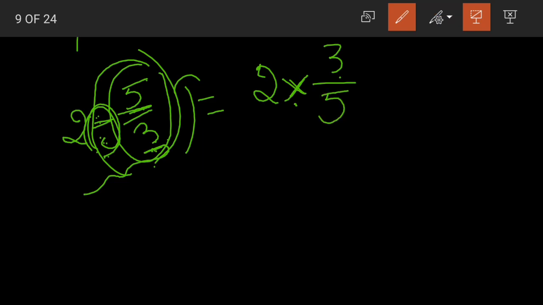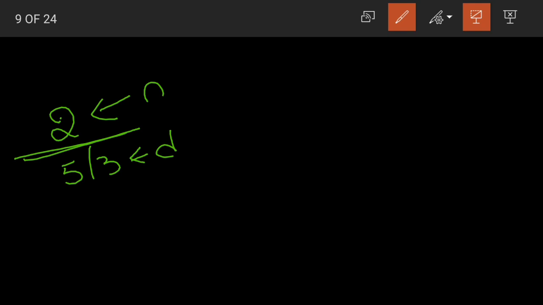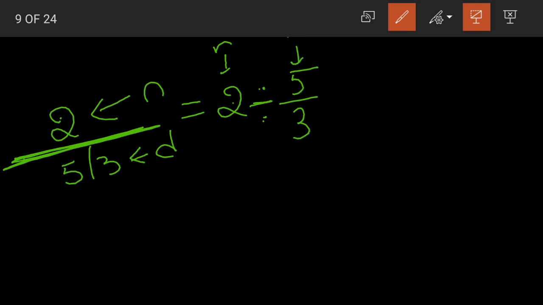Understood? Let us look at this once again. What was the complex fraction given to us? 2 by 5 by 3, wherein 2 is the numerator and 5 by 3 is our denominator. Now what should we do? The first step is to write it in the form of a division, numerator divided by denominator.